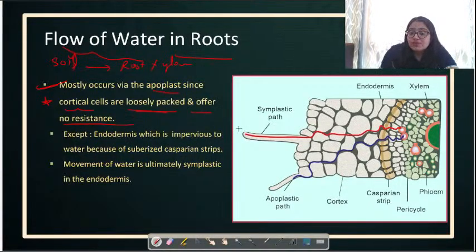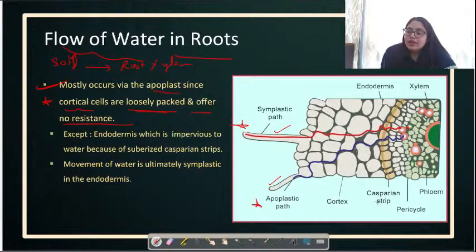And here also you can see the symplastic pathway and apoplastic pathway very clearly shown in this diagram. As I told you, water can either flow with the help of the symplast pathway or apoplast pathway depending upon the water potential gradient values. If water uses the symplastic pathway, the water will flow inside the cell and finally reach the root xylem. And if it is using the apoplastic pathway, it will move along the side of the cell.